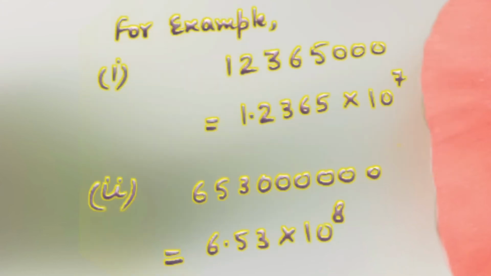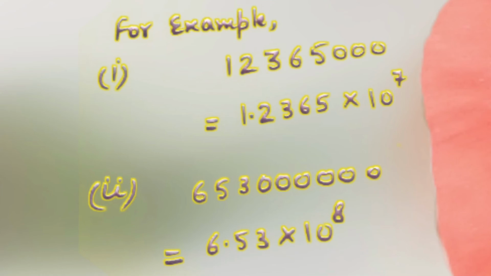For example, I have taken one number as 1 2 3 6 5 3 times 0. This number can be written in the standard form of scientific notation. How can it be written? First of all, you have to see the non-zero numbers, and put the decimal after the first digit, 1 decimal.